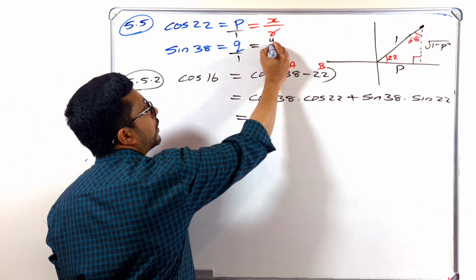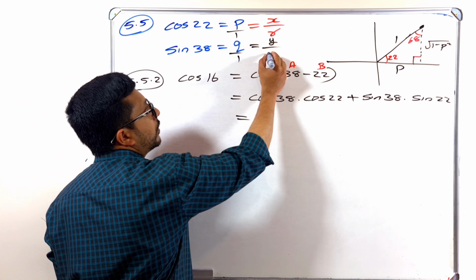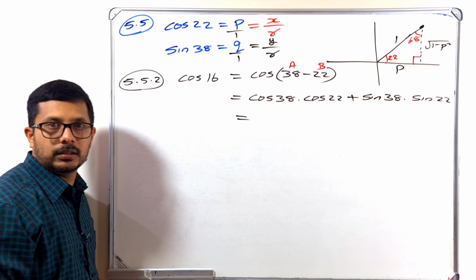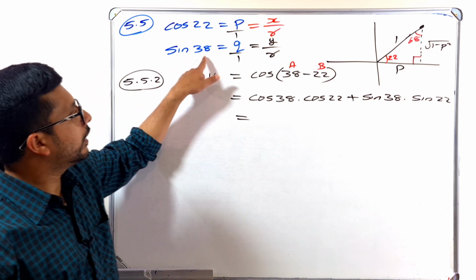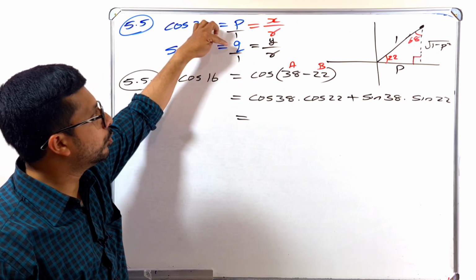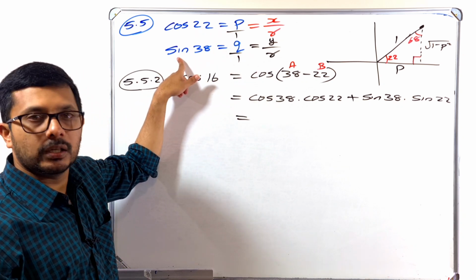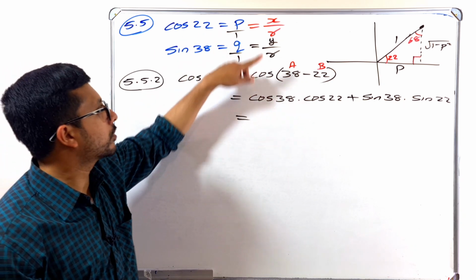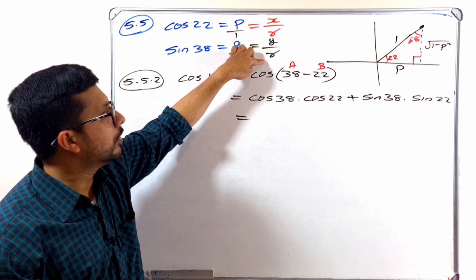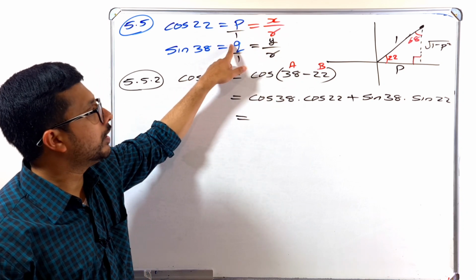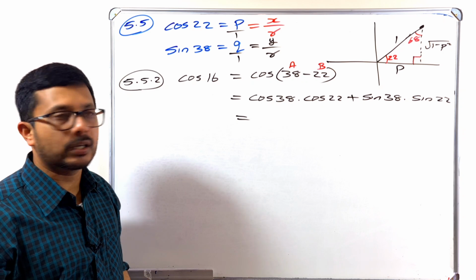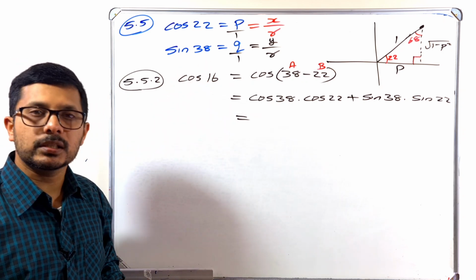Opposite side we represented with y, and hypotenuse with r. So y over r. What is y here? Y is q and r is 1. Okay, 38 is an acute angle.